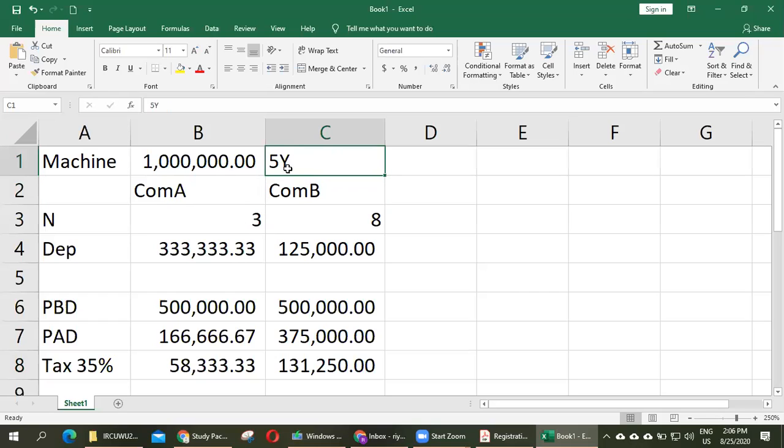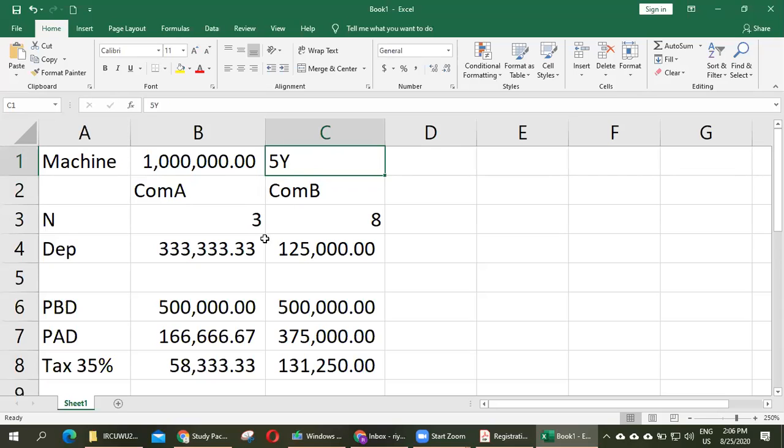The government has introduced 5 years depreciation. Then how much depreciation for company A and company B? Right, exactly.